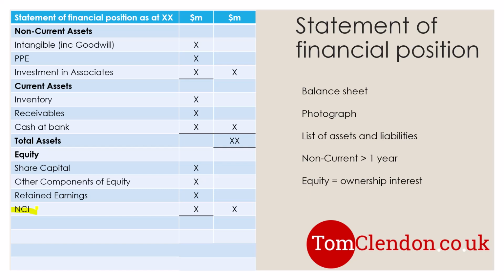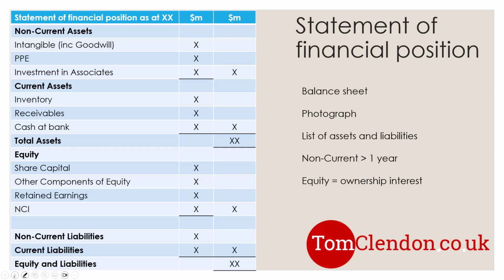So 100% of the subsidiary's assets are included, but because we only own 80% of them, we have to acknowledge, we have to report there is an ownership interest, and that's the NCI, that doesn't belong to the parent. So we have there the NCI.